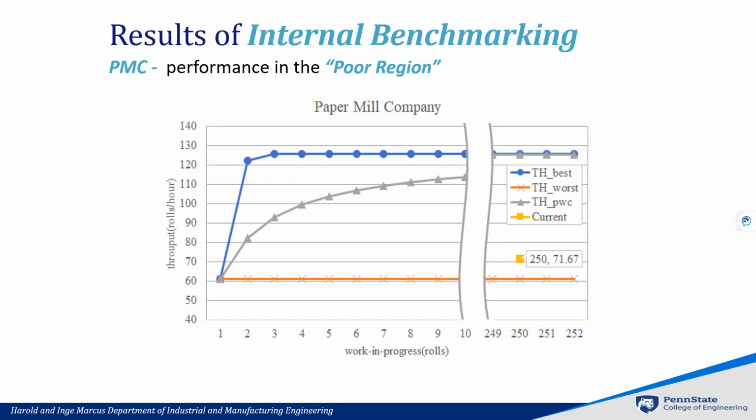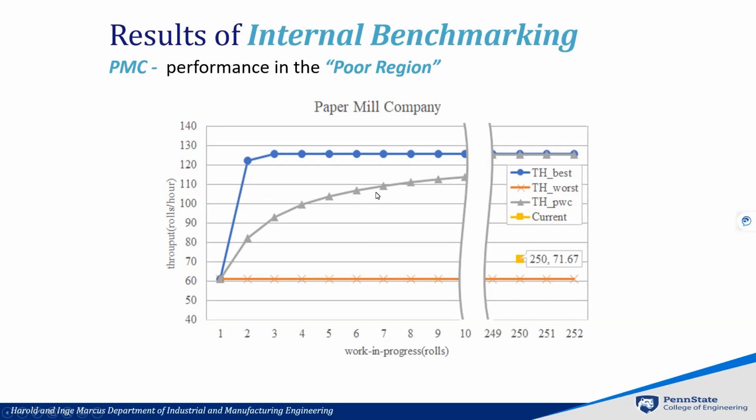Maybe you can work with PennTap to do a lean project and see how you can get closer to this gray curve. So this chart was showing, for particular process parameters for the paper mill, how the throughput can vary as a function of WIP, and these are the bounds between the orange line and the blue line.